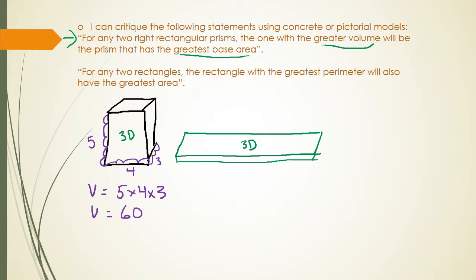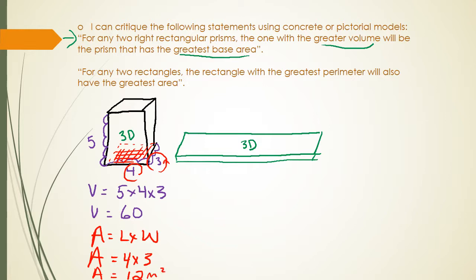And then the area on this is just length times width. And they just want to know what the area of the base is, what it's sitting on. Okay, and that is a 4 by 3 base. Okay, so our area equals 12. And we're going to say these are meters. So 12 meters squared and 60 cubic meters. Good to go so far?